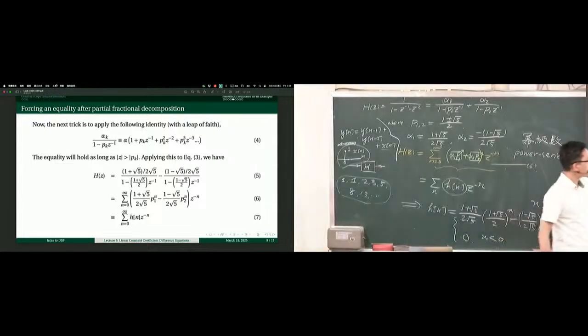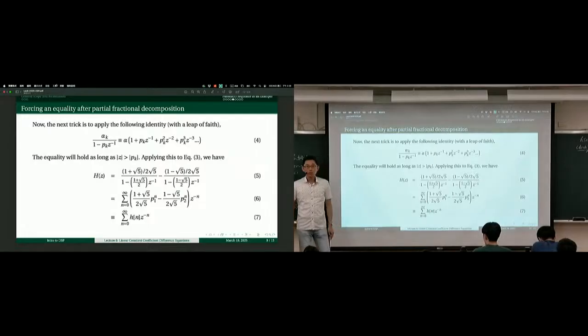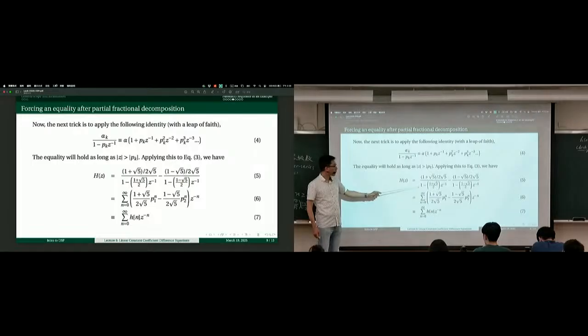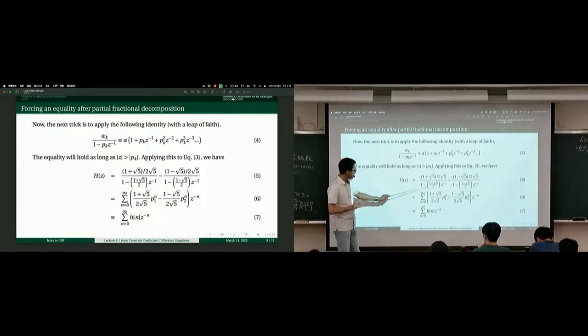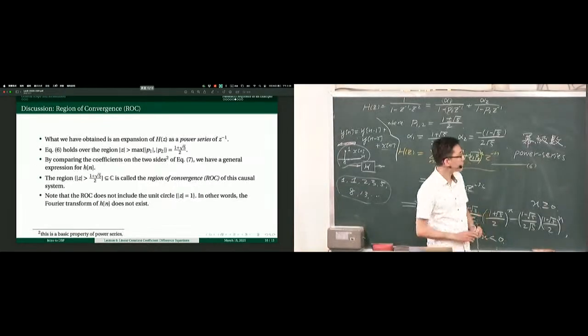But from here to here, the equality holds only if both these factors have absolute value less than 1. Otherwise, we cannot write this equality. We cannot go from here to here. For this equality to hold, there is a condition: both this factor and that factor should have absolute value less than 1.